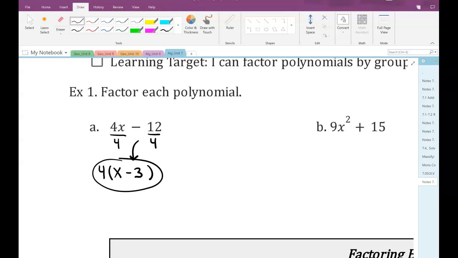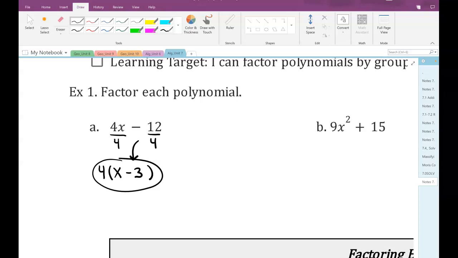For the next question, we're going to do the same thing. Find your GCF of 9x squared and 15. A common trap some people fall into is just assuming that your smallest number is your greatest common factor. It's not. 9 divides 9 evenly, but 9 doesn't divide 15 evenly.